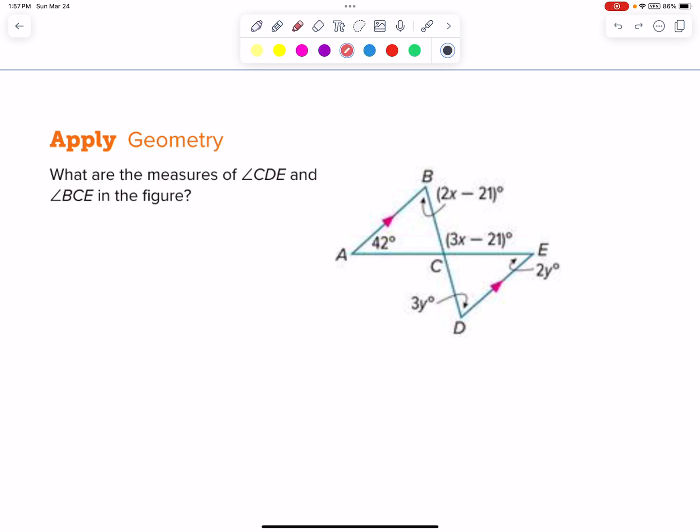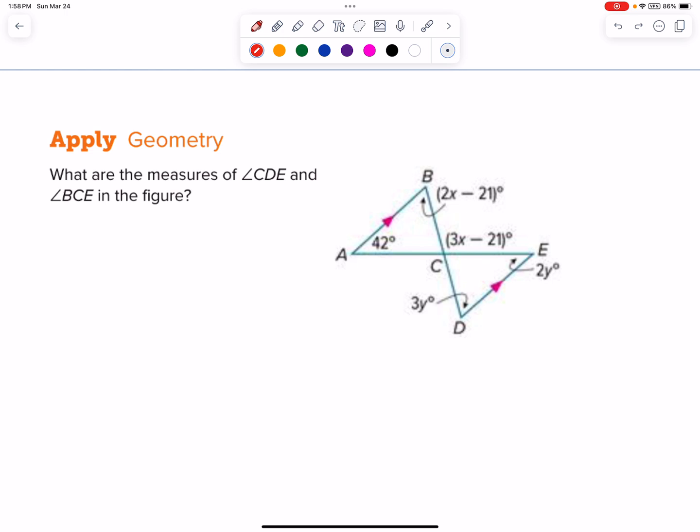So your step 1 may want to be highlighting in between those parallel lines, because then you can see there are alternate interior angles that exist. So we're looking at external angles, maybe alternate interior angles and things like that. So we have lots of ways we could tackle this with our eyes and our thinking.